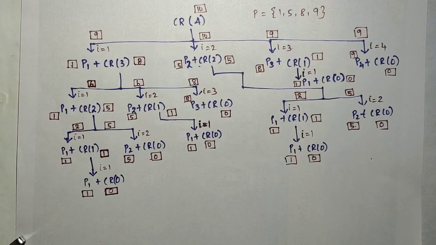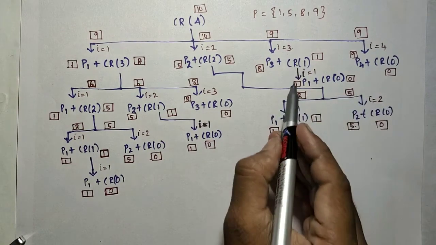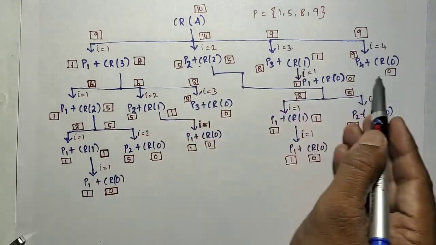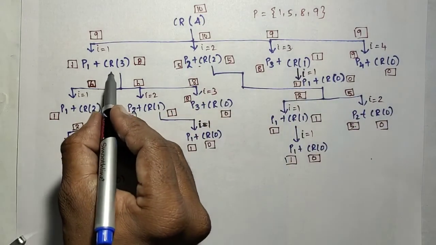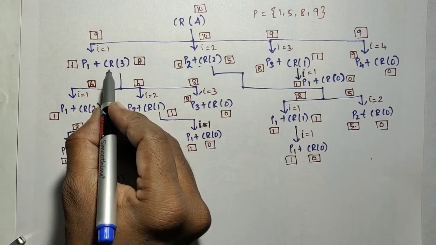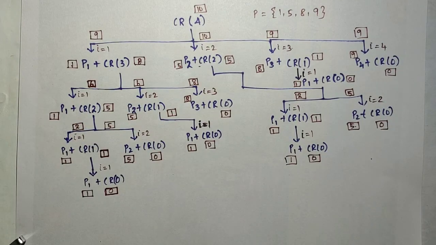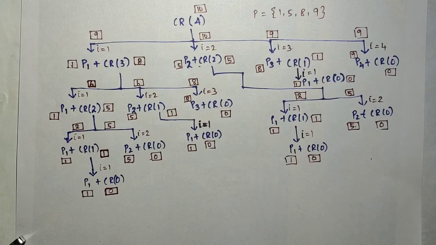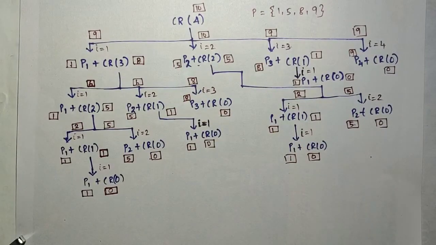Here we are going to avoid the recomputation of CR of 0, CR of 1, CR of 2, like that. This revenue is already determined during the calculation of the 3-inch rod. That is going to be memoized, and that memoized answer is going to be utilized for the subproblems. Like that we are going to design it.